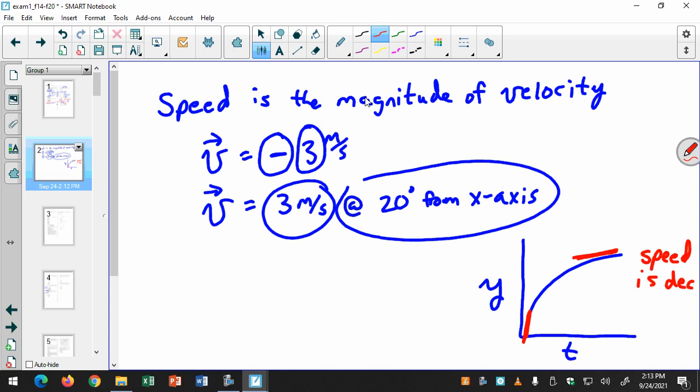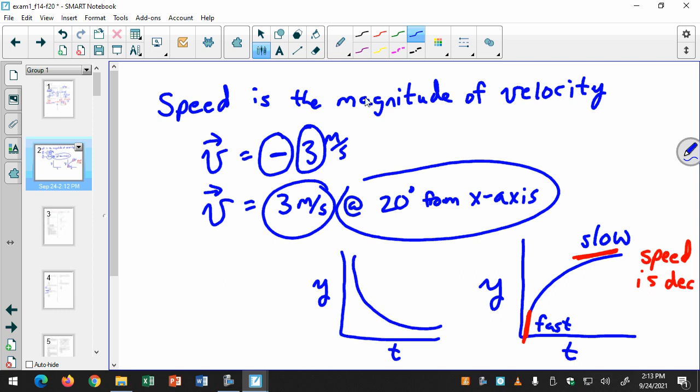But if I have another situation, because it's fast here and slow here, let me think of another where that's not true. Y versus t. Yeah, let's look at this. So here, the speed starts out big, it's fast right here, and it's slow down here.